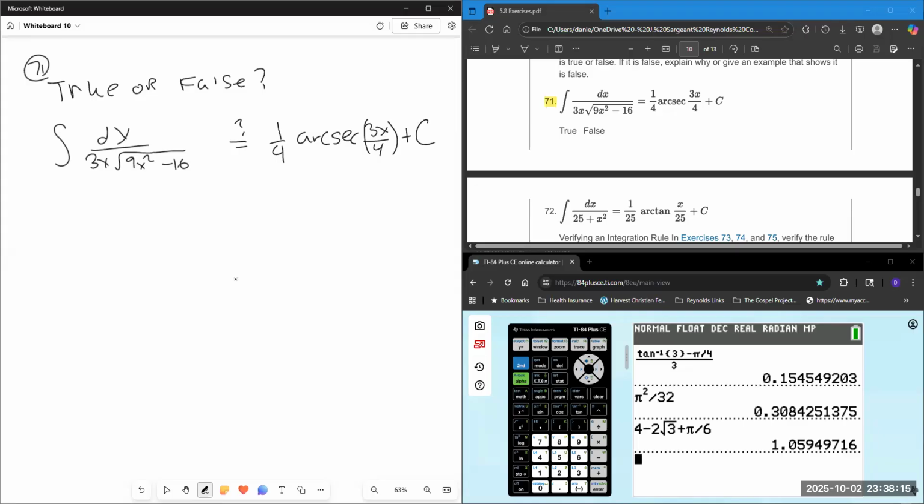Well, let's see what this is actually equal to. Maybe it equals what's on the right, maybe it doesn't.